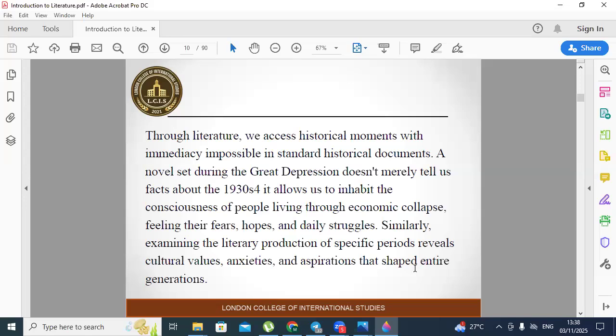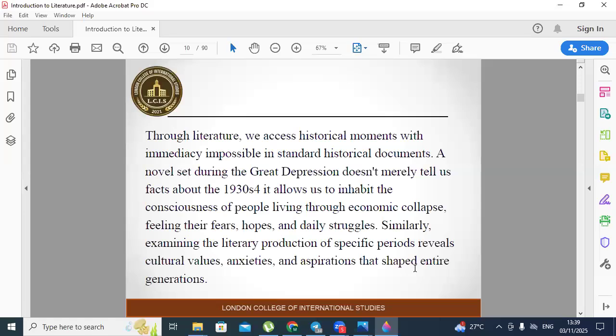A history textbook tells us facts: unemployment rates, economic indicators, government policies. These facts matter, but they are abstract. A novel set during the Great Depression doesn't merely tell us facts about the 1930s.